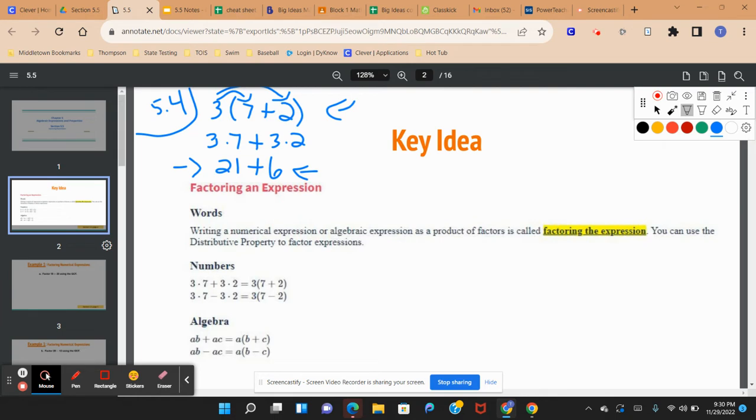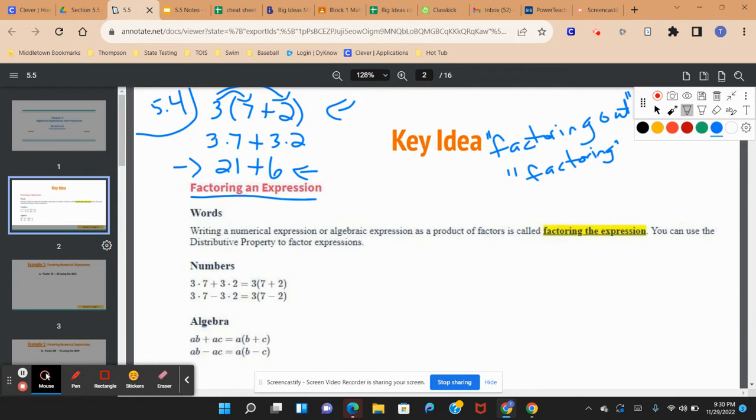And there is a reason why I wanted you to keep that, because now we're learning to factor an expression. So you're going to hear me say we're going to be factoring out, or just factoring.